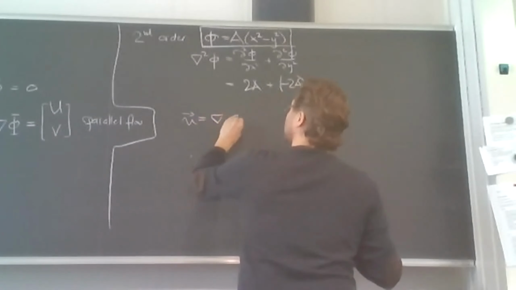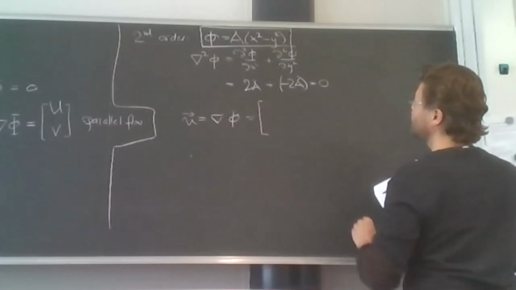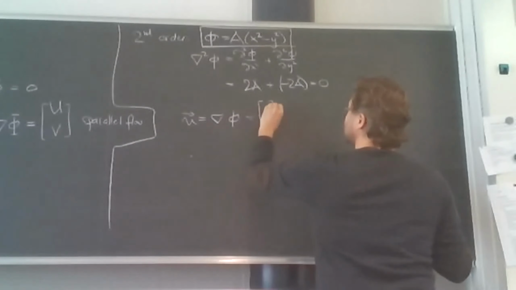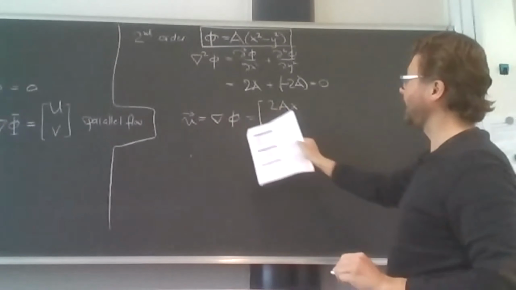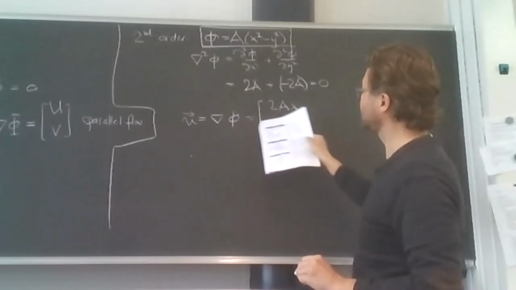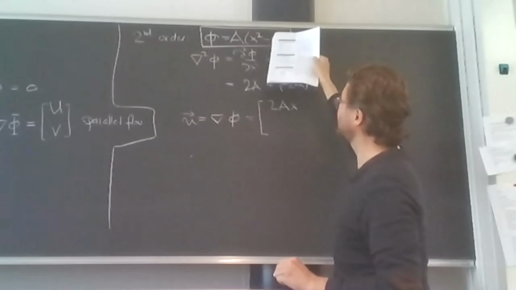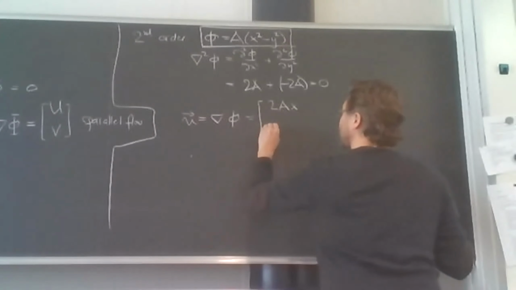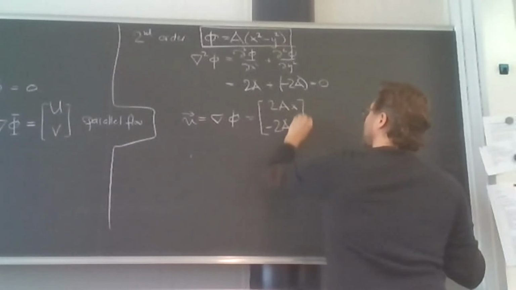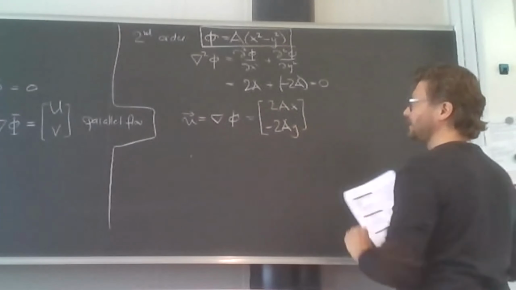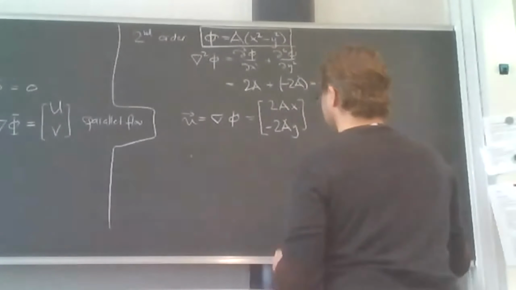So the gradient of phi is 2ax and the second component is dy of phi, so that is minus 2ay. So these are the velocities, u and v. Let's see if we can understand what this is.